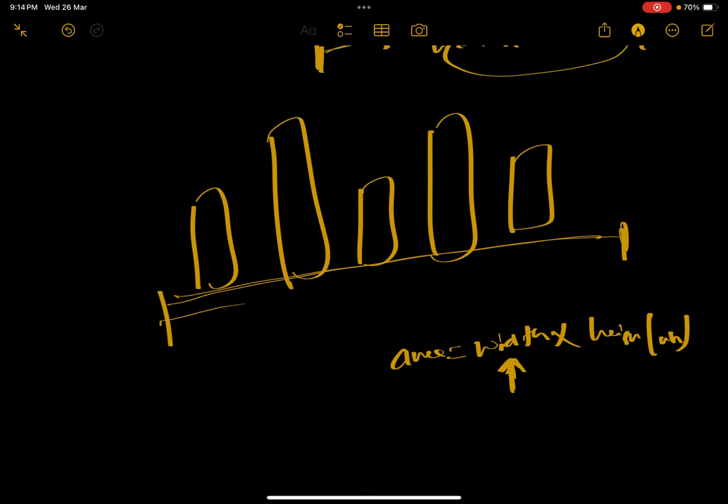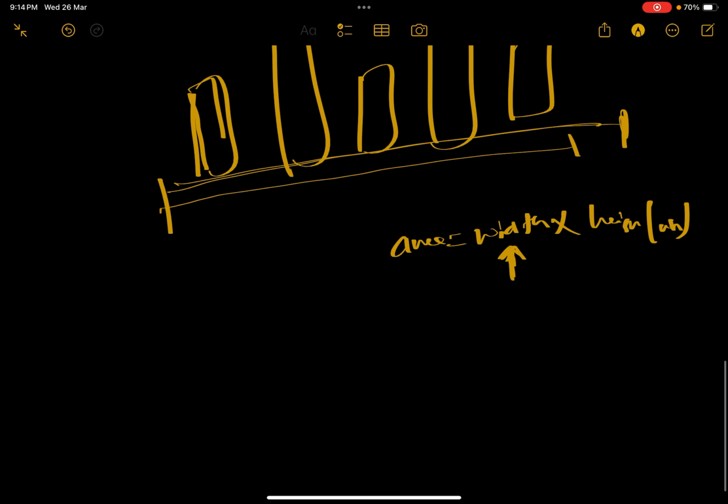If you keep increasing your width here, you will be able to contain the most water. You have to visualize it. The area is directly proportional to both width and height, so if you increase your height or your width, you can increase your area. So this is the thing.